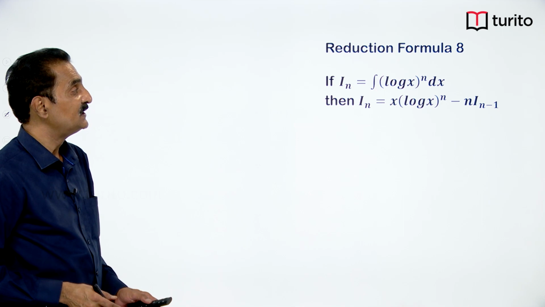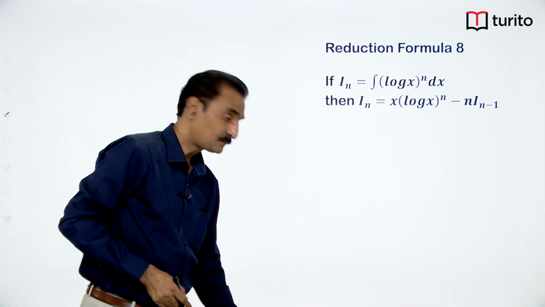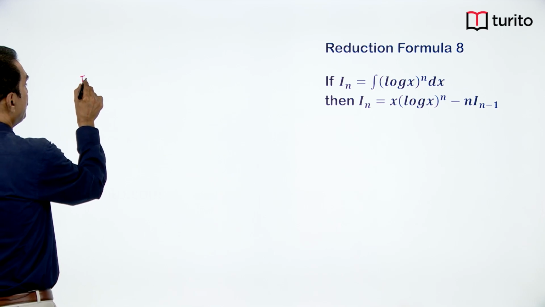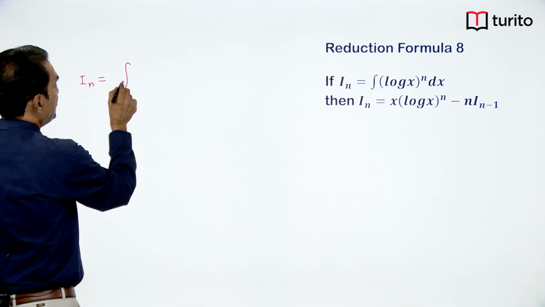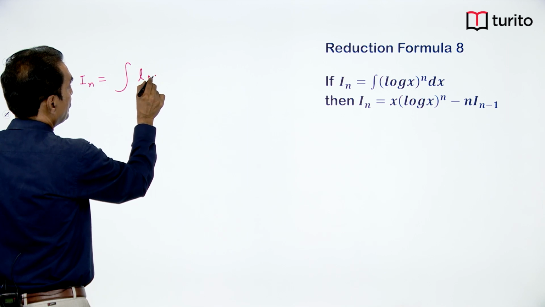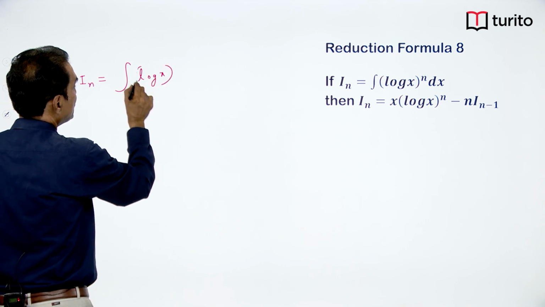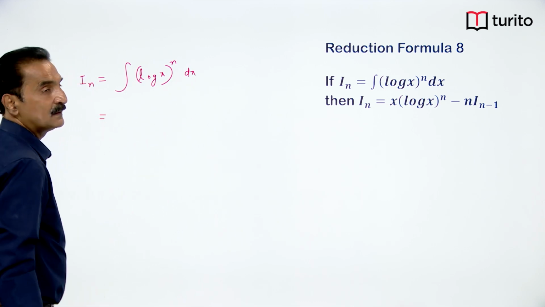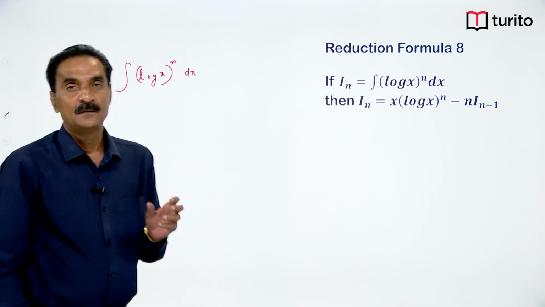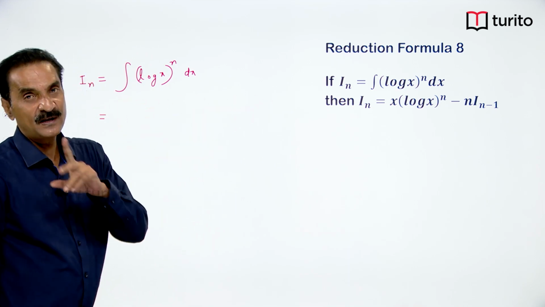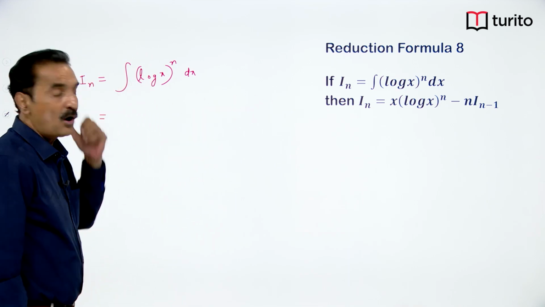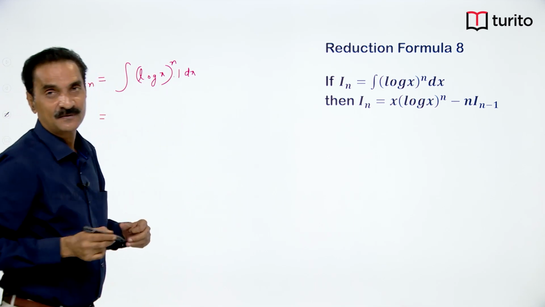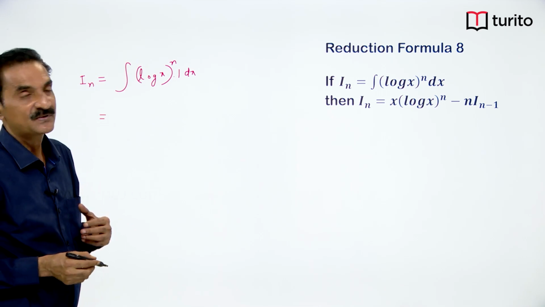Reduction formula number 8. In is equal to integral log x power n. We can integrate by parts and get this formula in one step. Take log x whole power n as first function and 1 as second function. Integrate by parts.